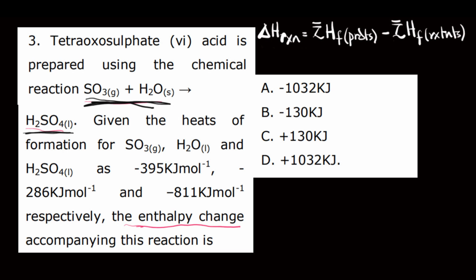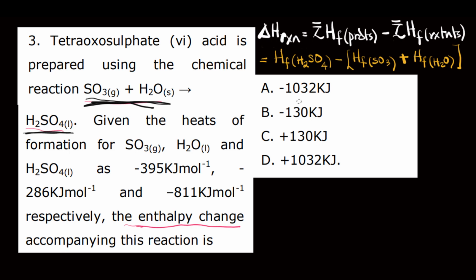So if we substitute the formulas of the compounds into the equation, we'll have the enthalpy of formation of H2SO4 minus the enthalpy of formation of SO3 plus the enthalpy of formation of water, since H2SO4 is the only product and we have two reactants here.